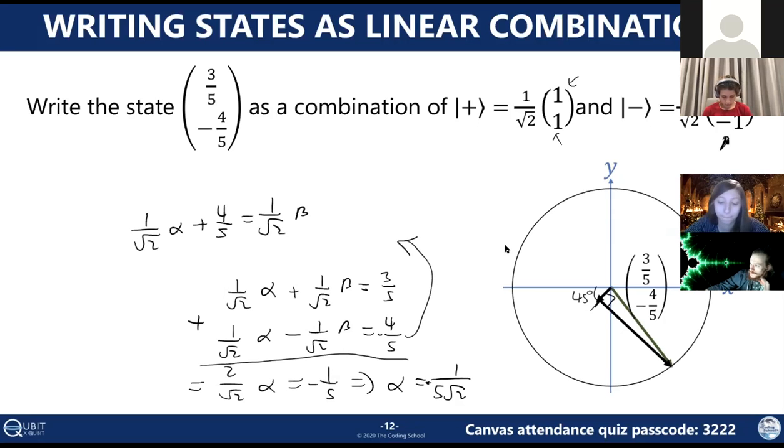This is just rearranging the second equation. And then that gives us -1/10 plus 4/5 is equal to 1/√2 beta.